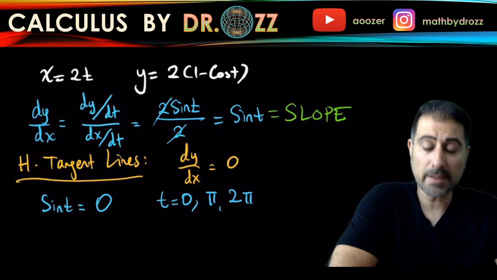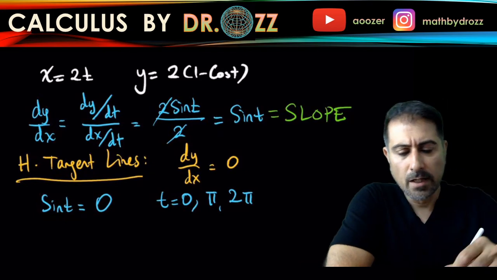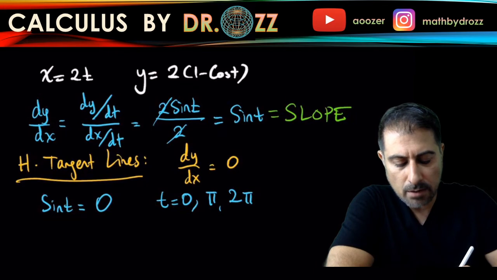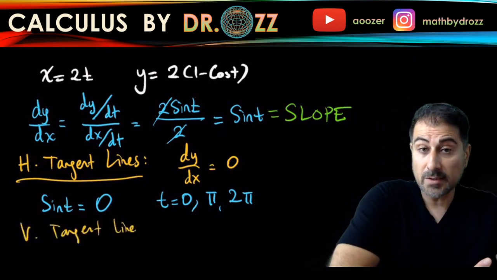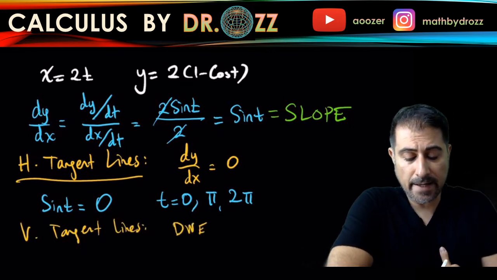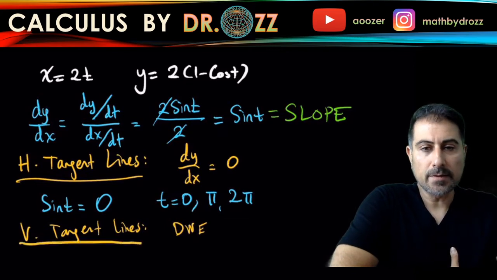So we have 3 candidates. And as you see, sine t is defined everywhere, so vertical tangent lines do not exist. For vertical tangent lines, we should have the slope undefined, but this is not the case for this problem.